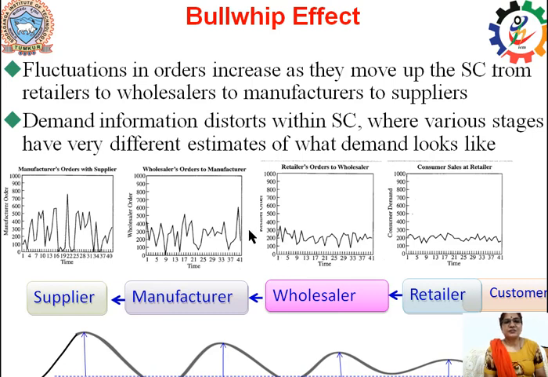So this fluctuation in demand, this increase in variation in demand, or increase in fluctuation in order as one moves up the supply chain from the retailer towards the supplier, is called the bullwhip effect. Why the name bullwhip effect?